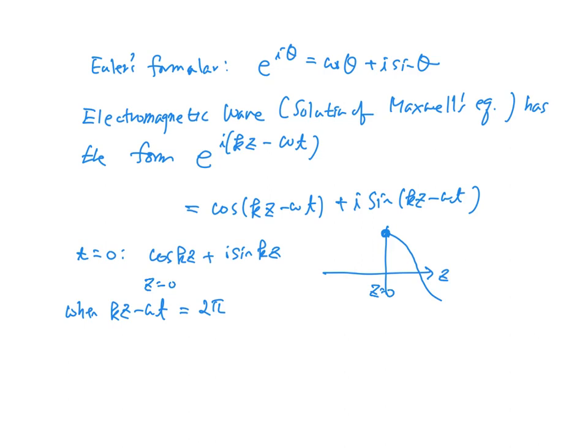But the same point must now be at z equal to (2 pi plus omega t) over k. Sometime later, the same pattern appears.